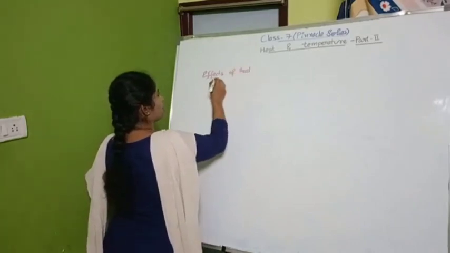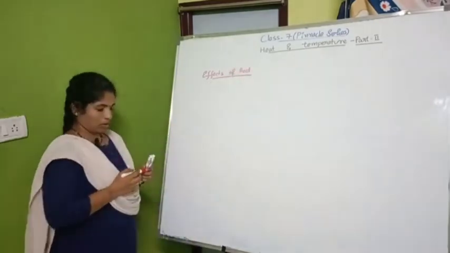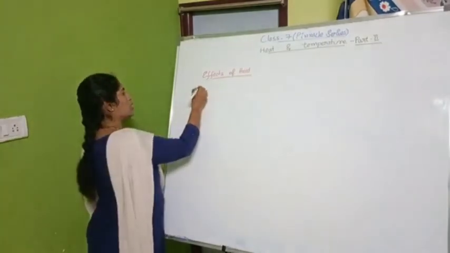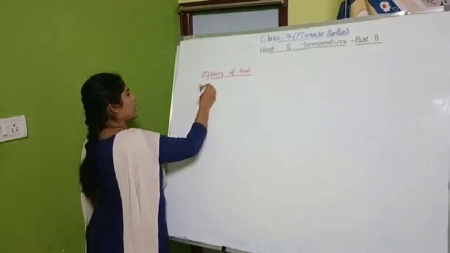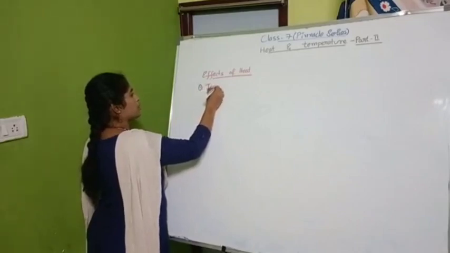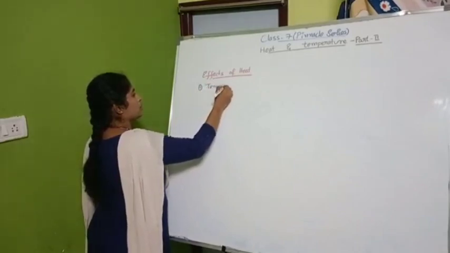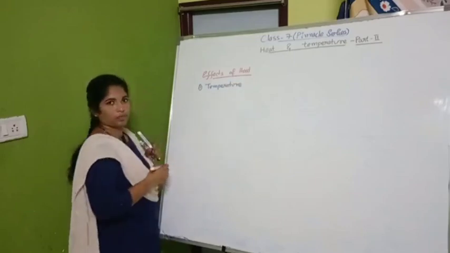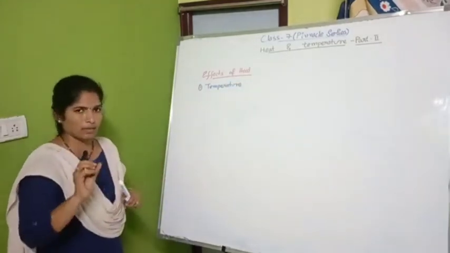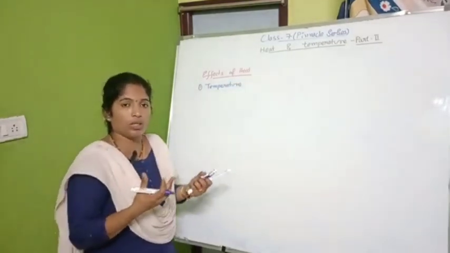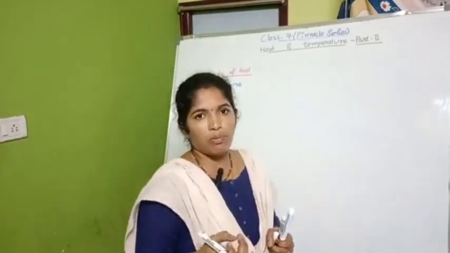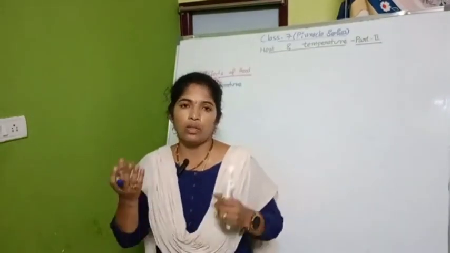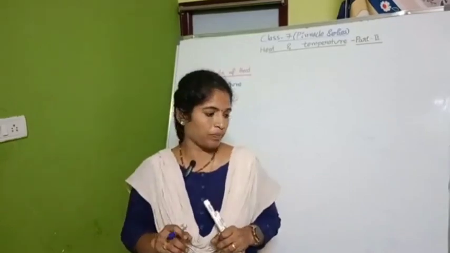The first and foremost important is, yes, if I apply heat, the temperature of the body is increased. If I give heat energy, obviously the temperature is increased. If I remove the heat energy, yes, the temperature is decreased.